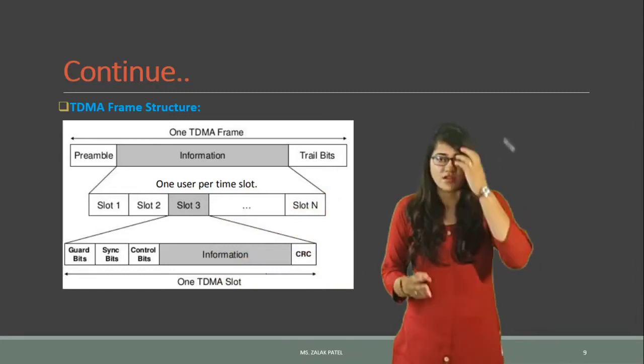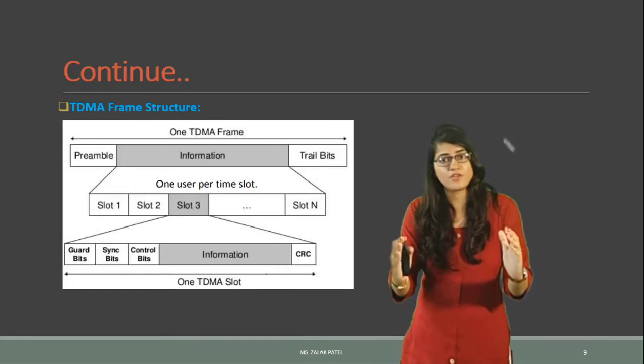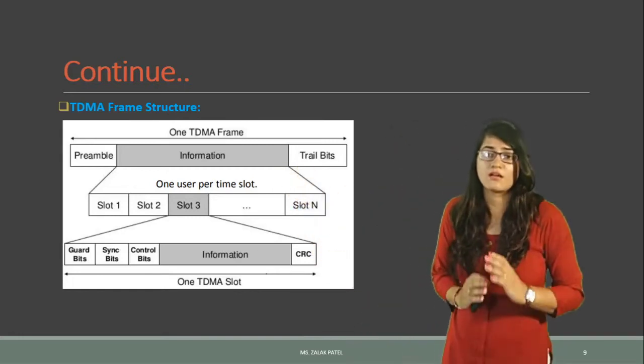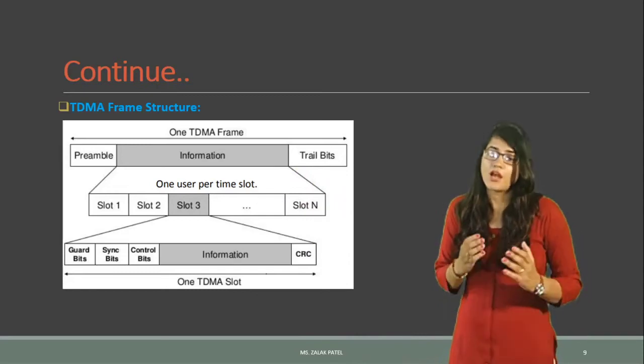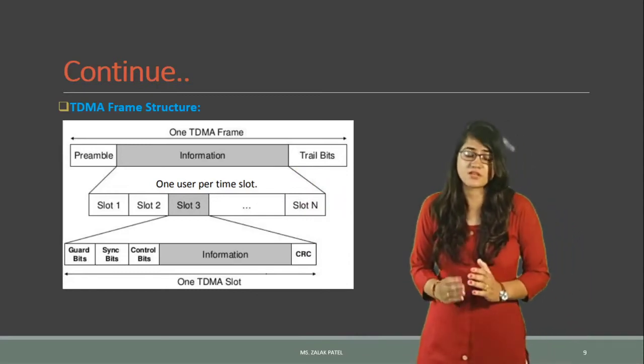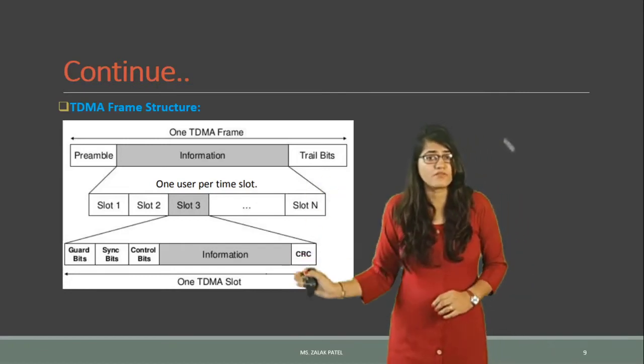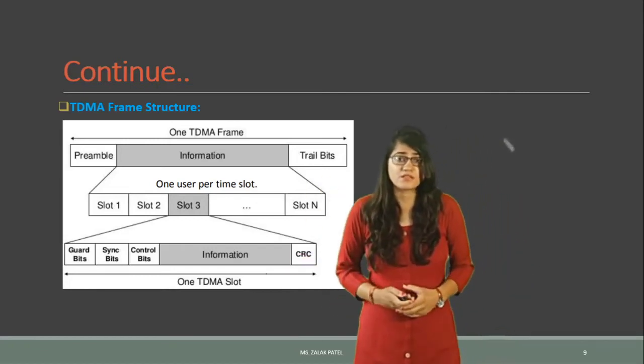For the frame, the structure will be the preamble, then information bits, and lastly the trail bits. So this is the complete TDMA frame structure, and by using it data is transmitted, so in the case of TDMA, synchronization is a must.